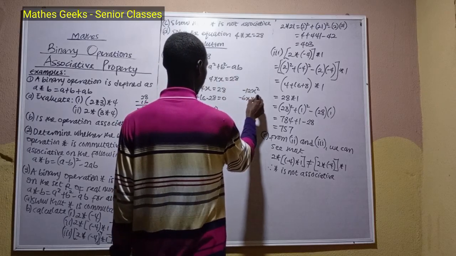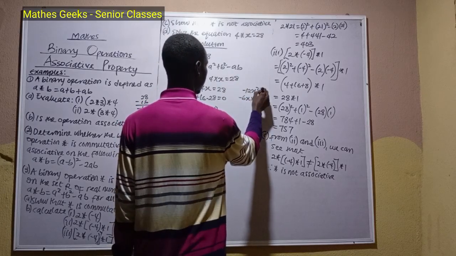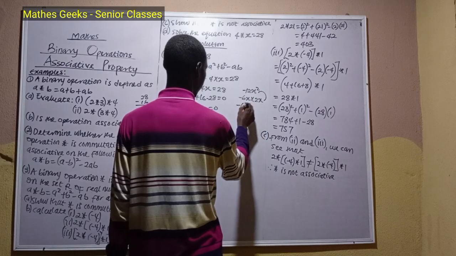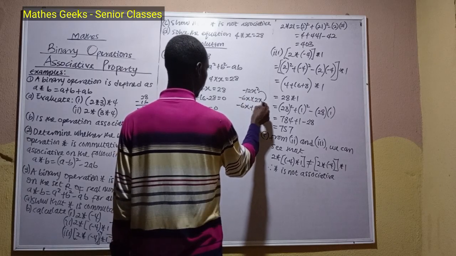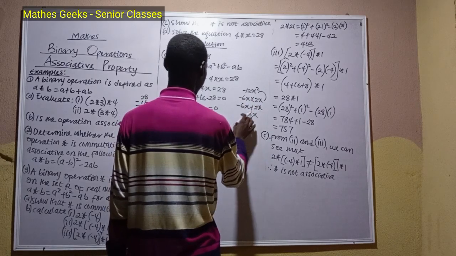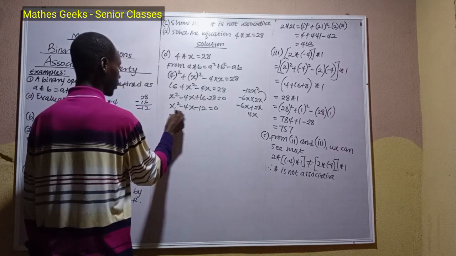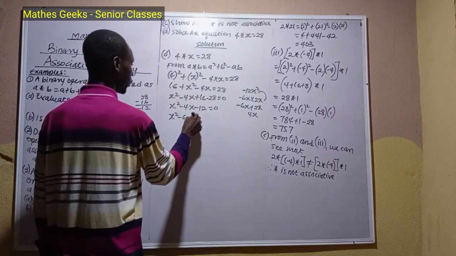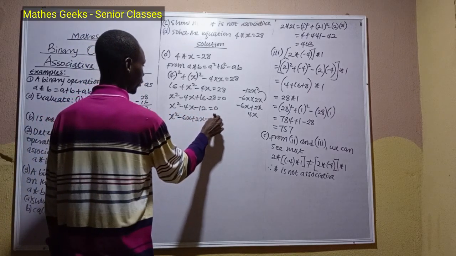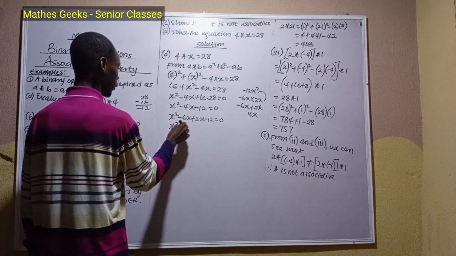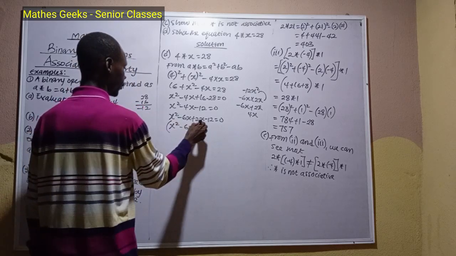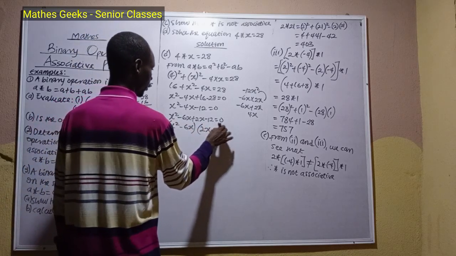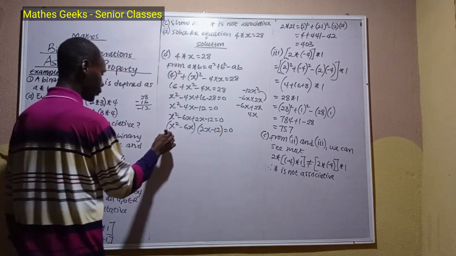Multiplying them gives minus 12x squared, and minus 6x plus 2x gives minus 4x. So x squared minus 6x plus 2x minus 12 equals 0.